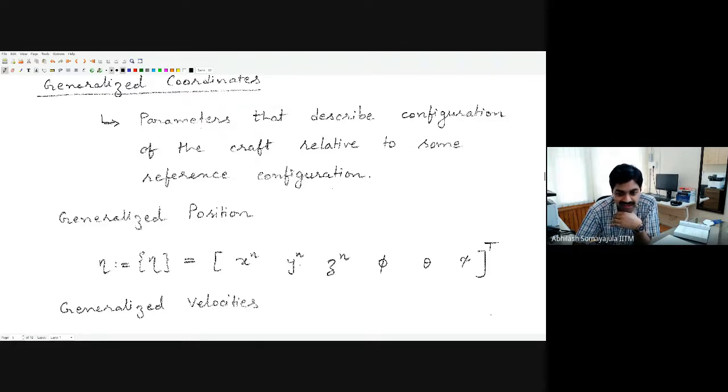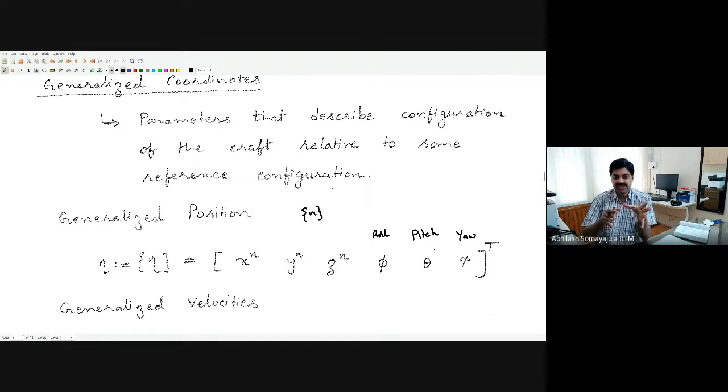So xn, yn, and zn are the positions in the NED frame. If you remember, the NED frame is what we denoted by N, and xn, yn, and zn are the location of the craft in the NED frame. Phi, theta, and psi denote the roll, pitch, and yaw angles of the craft.